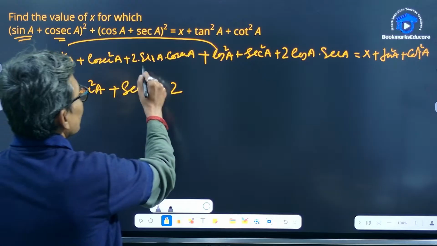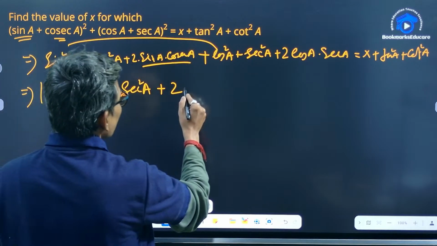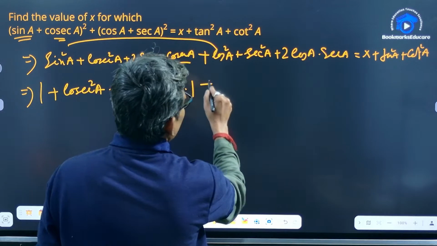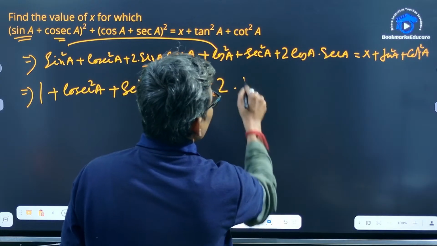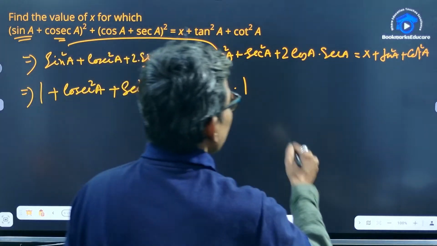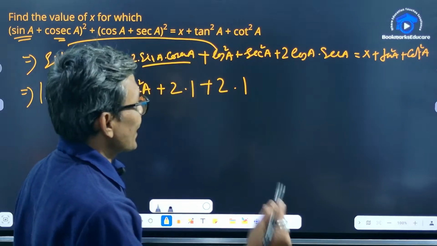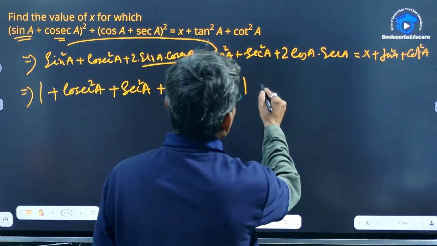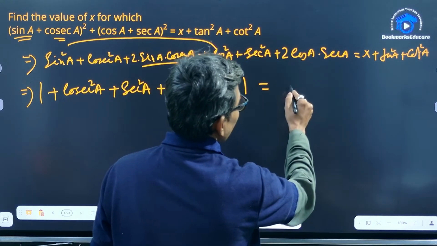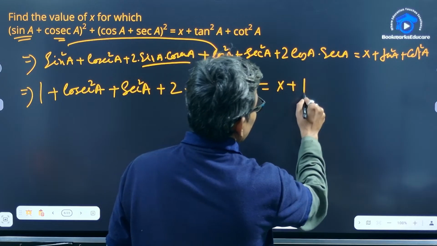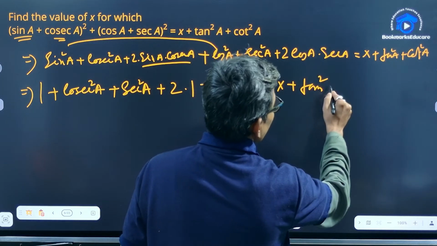So instead of sin A into cosec A we can put 1, as well as 2 into 1 for cos A into sec A, because sec is the reciprocal of cos A. The right hand side will be as it is.